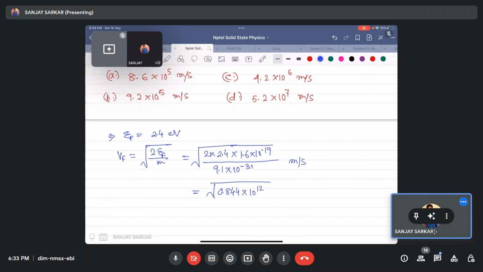So the square root of 0.844 into 10 to the power 12 meter per second. So you will get 9.2 into 10 to the power 5 meter per second. So the correct option is option B.